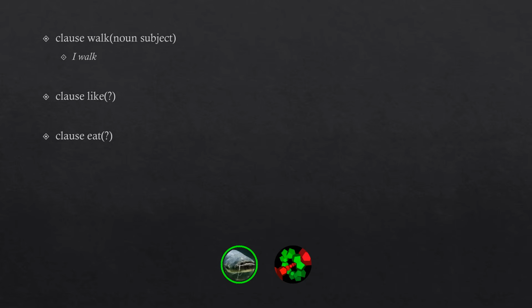We'll see how long I'm comfortable waiting in silence. We're talking about like here. Yep. Verb like, what would you say its signature is with respect to its parameters or arguments? Well, we definitely need two, and I'd guess they'd both be nouns.